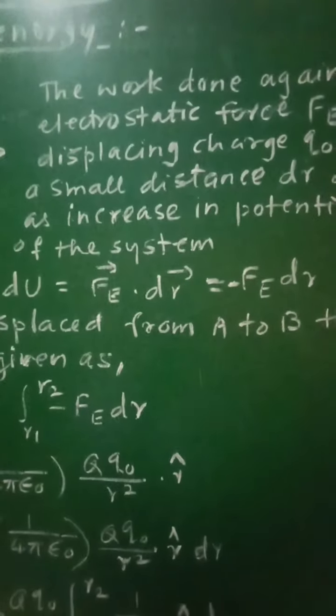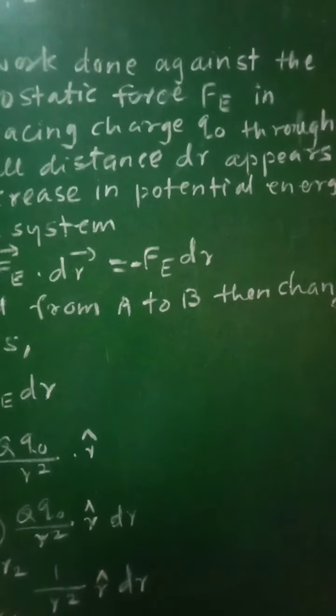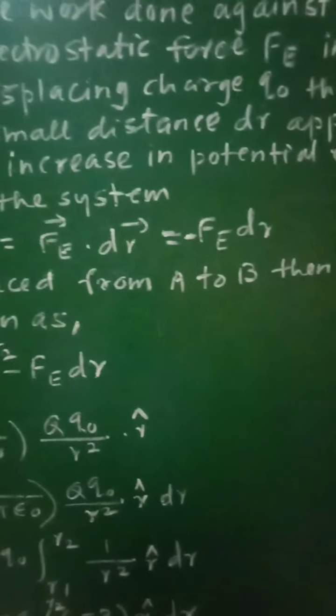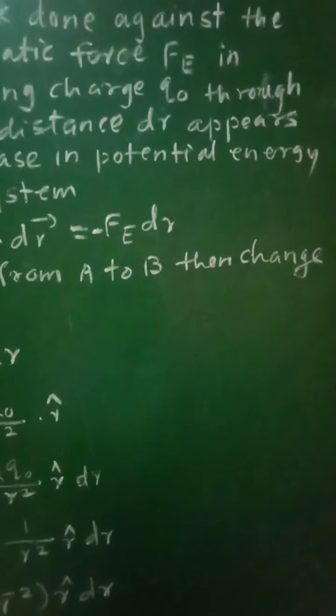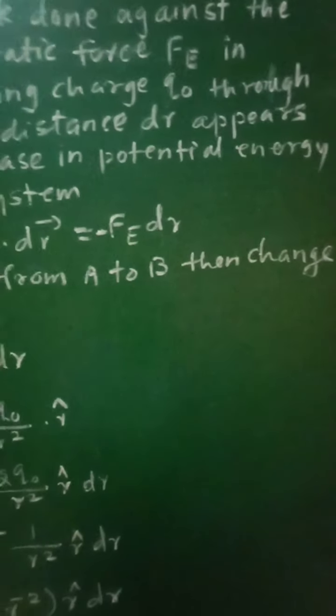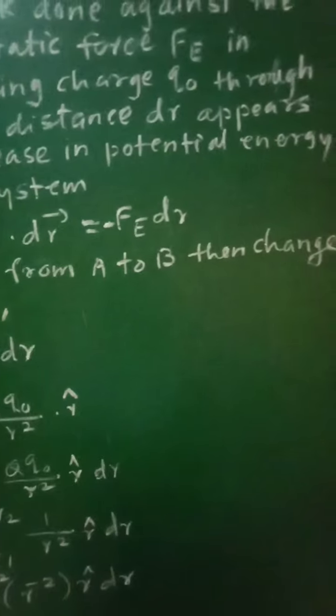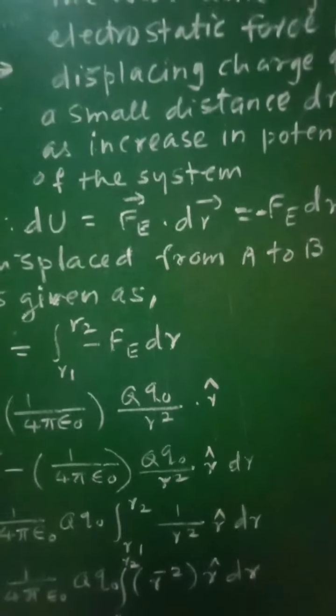The work done against the electrostatic force Fe in displacing that charge Q0 through a small distance dr, that is from A to C, will appear as increase in potential energy of the system.